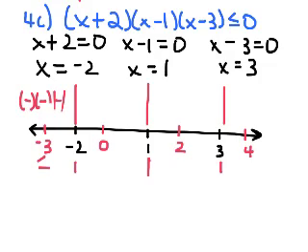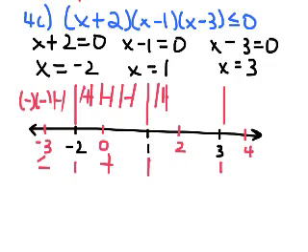And then if I check 0, 0 in for x gives me 0 plus 2, which is a positive number. But 0 minus 1 gives me a negative number, and 0 minus 3 gives me a negative number. So positive times a negative is a positive. If I put 2 in, 2 plus 2 is 4, that's positive. 2 minus 1 is a positive. 2 minus 3 is a negative.